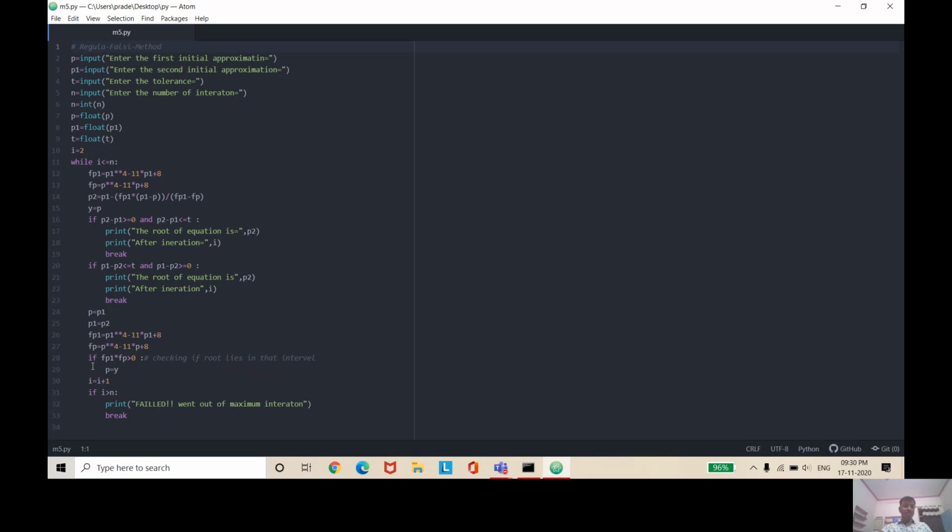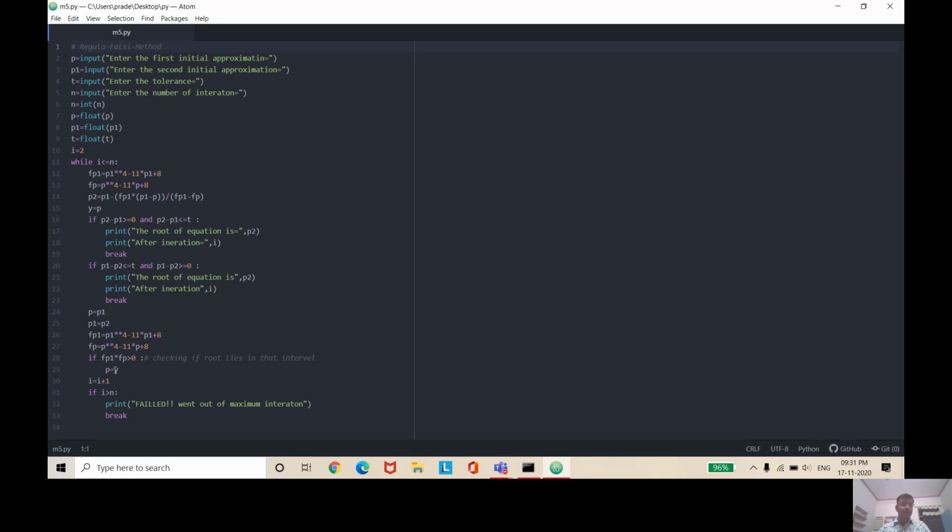And we will check the condition that the product of the new values of fp1 and fp has to be negative to satisfy this regula falsi method. The regula falsi condition is that the product should be negative, but here I put in the condition of positive. If this positive condition is satisfied, like the product is positive, then it will give the value of p0 which we initially stored in the form of y to the new p0.